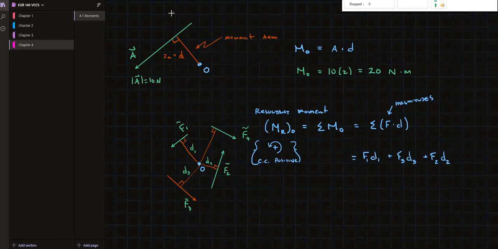But this one's going clockwise, so we're going to have to subtract that. Minus F4 d4. And we can assign magnitudes and distances to these values, and so we can get a numerical answer here.